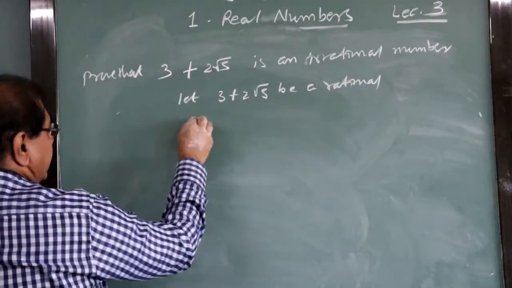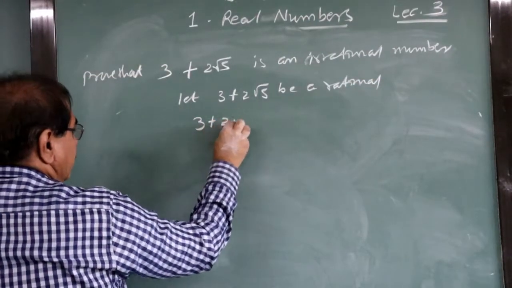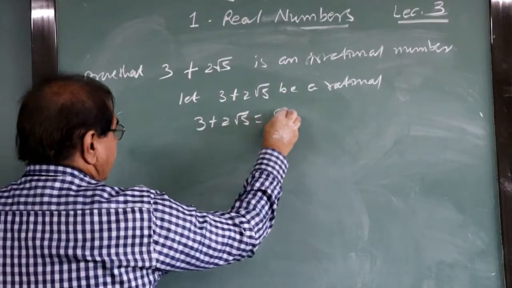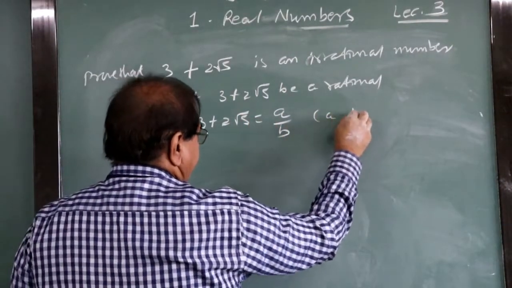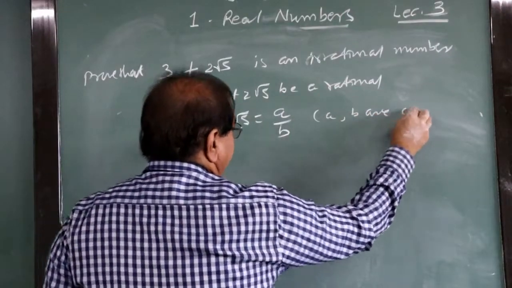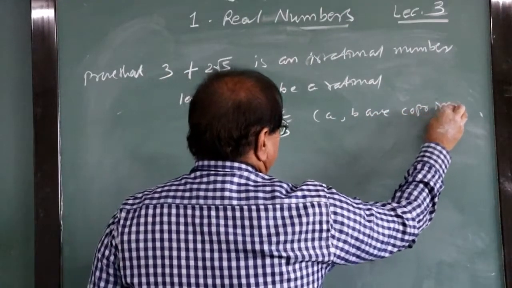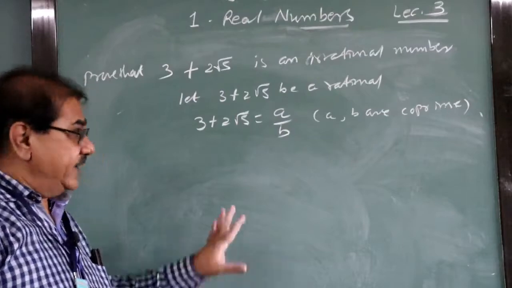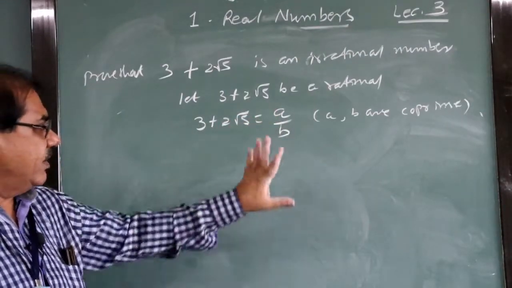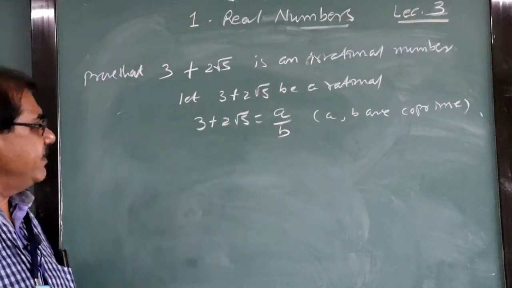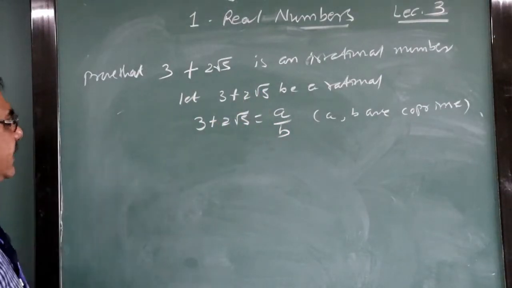That means 3 plus 2 root 5 is equal to A upon B, with A and B co-prime. Co-prime means they don't have any common factor. It is our assumption that A and B should not have any common factor, such that A upon B is the type of rational number.